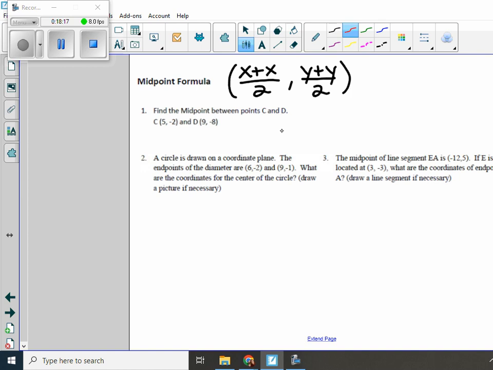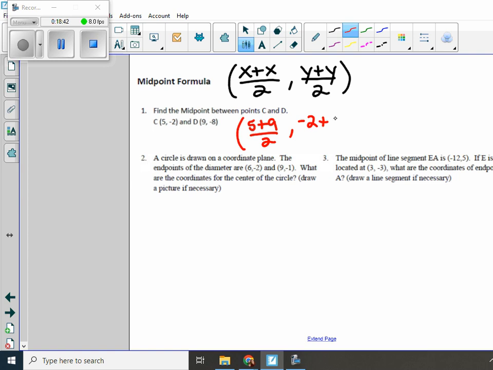Yet again, without a calculator would be good practice because you're probably going to see this on that part of your exam. Okay, so look, I'm going to add up my x's here, which would be what plus what? 5 plus 9 over 2, and then what's the y's?